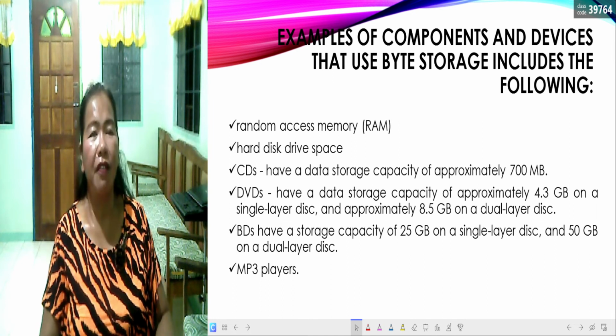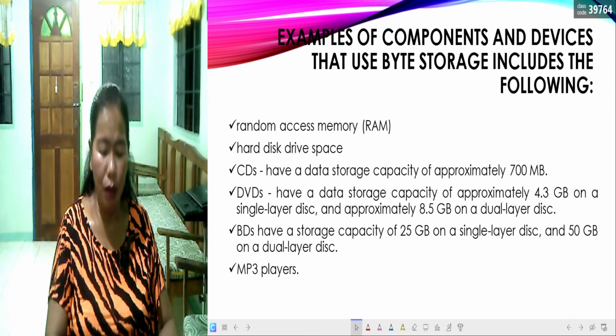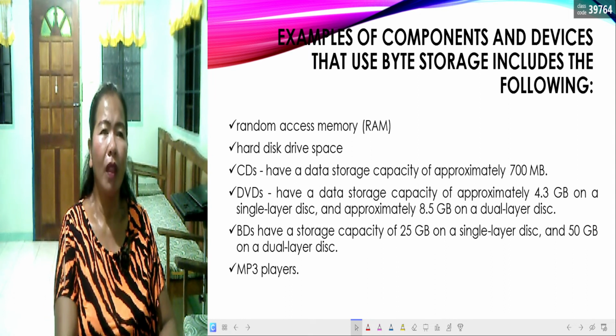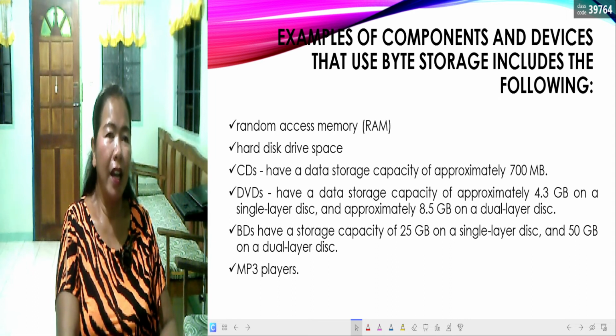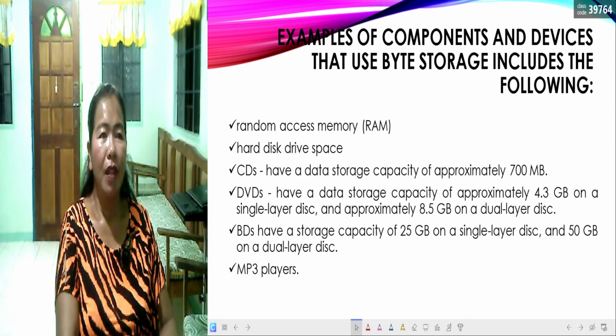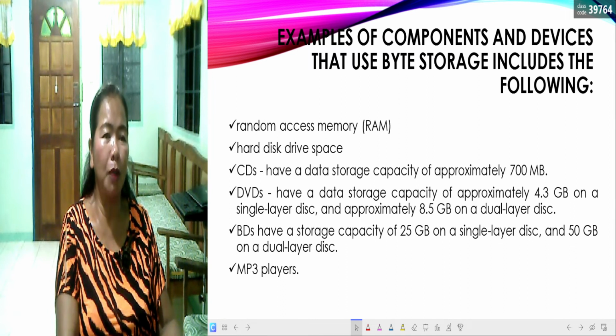Examples of components and devices that use bytes include the following. Number one is RAM, hard disk drive space, CDs, DVDs, or BDs. In general, these are called optical drives.